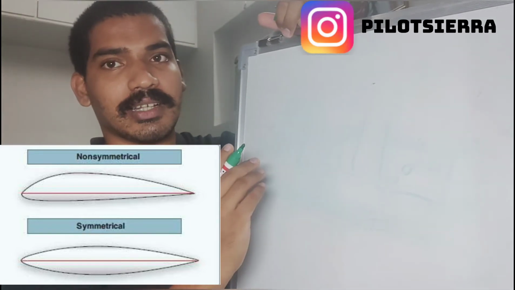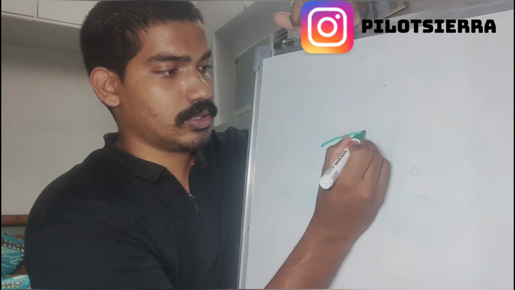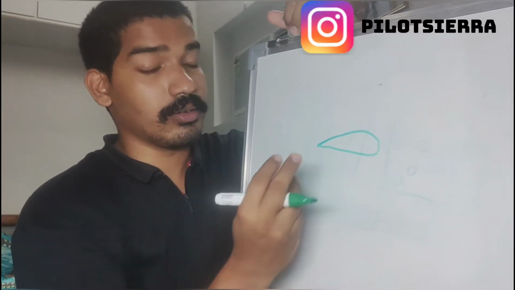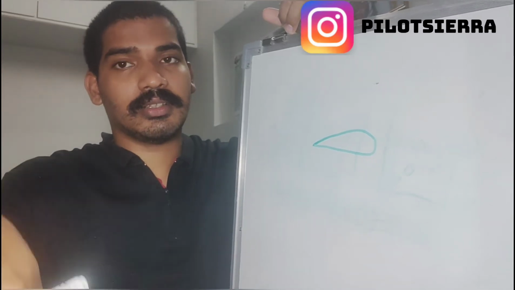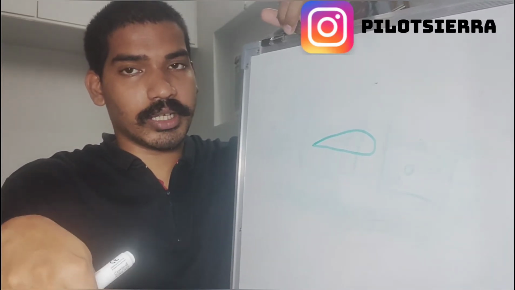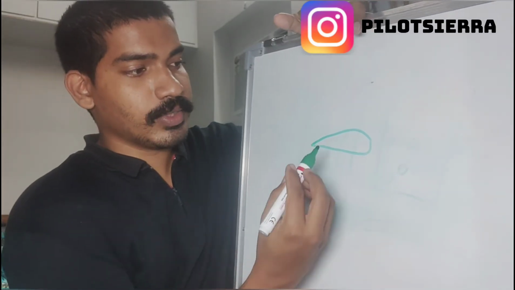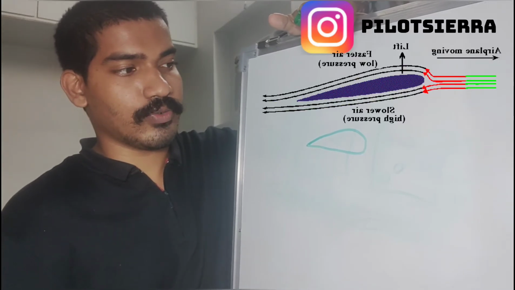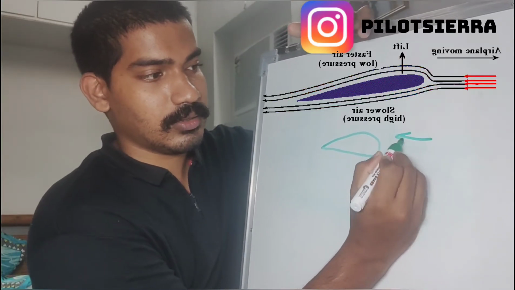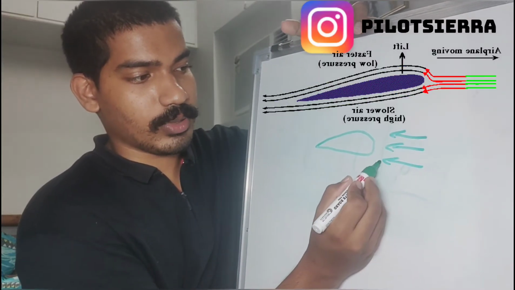First let's take an asymmetrical aerofoil. This is what an asymmetrical aerofoil looks like. By the way, if you don't remember what asymmetrical and symmetrical aerofoils are, the link of the video is down below. I've just made 5 videos, so you'll find it easily. Let's consider the airflow coming here.